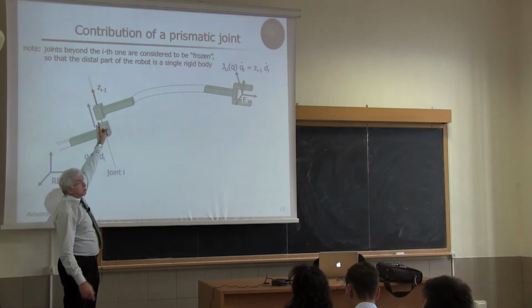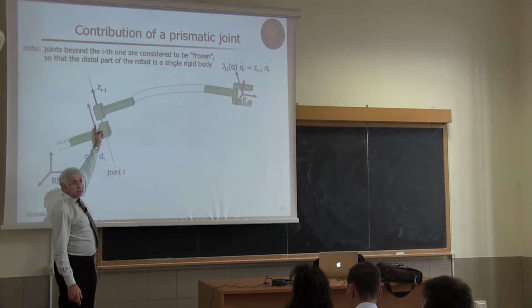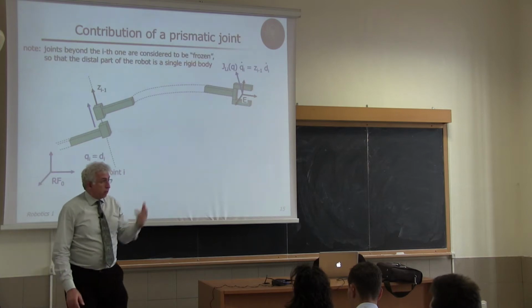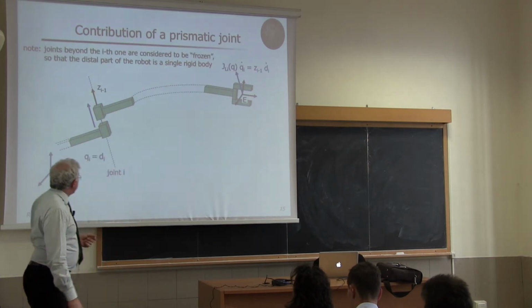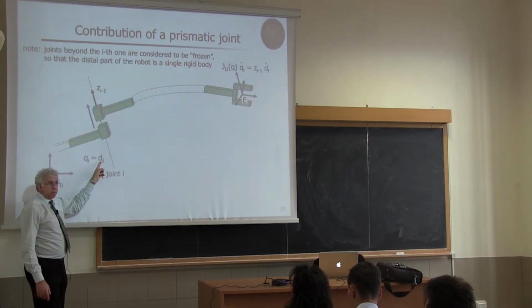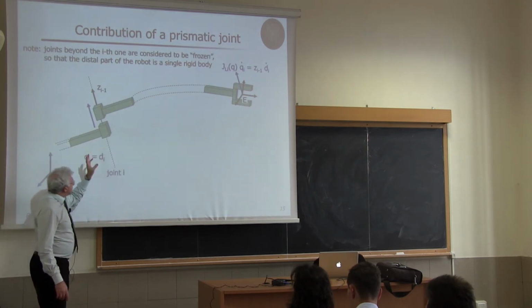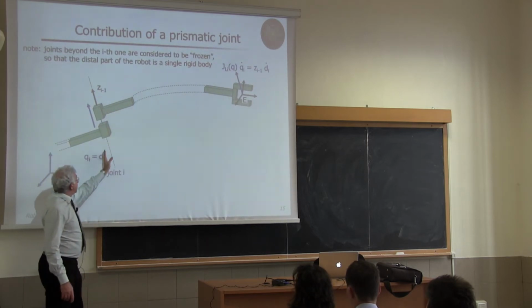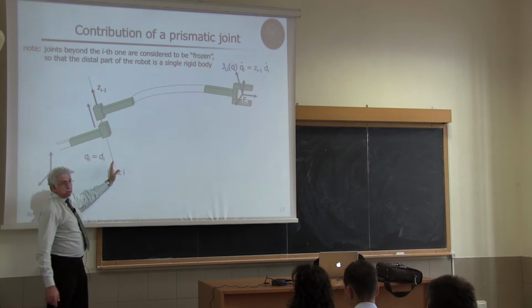The axis of the joint, according to the Denavit-Hartenberg convention, is z_{i-1} of the frame i minus 1, remember this, and the variable of this joint is d_i. Now you give a velocity to this joint, which means that you give a d_i dot, and so you will move along this axis.